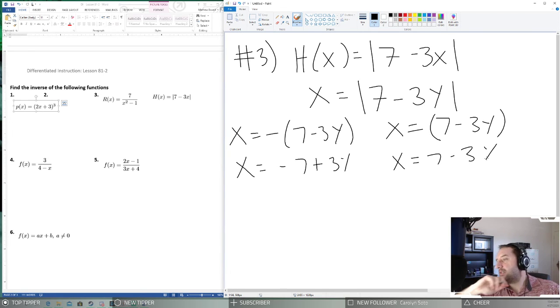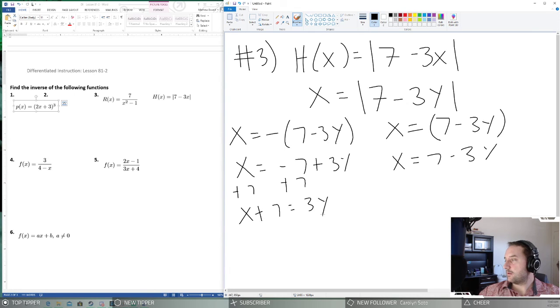Now in both instances, I do want to get y by itself, and you're going to see how we can almost like combine these together. So I'm going to add 7. So I get x plus 7 equals 3y minus 7. And I'm going to get x minus 7 equals negative 3y.